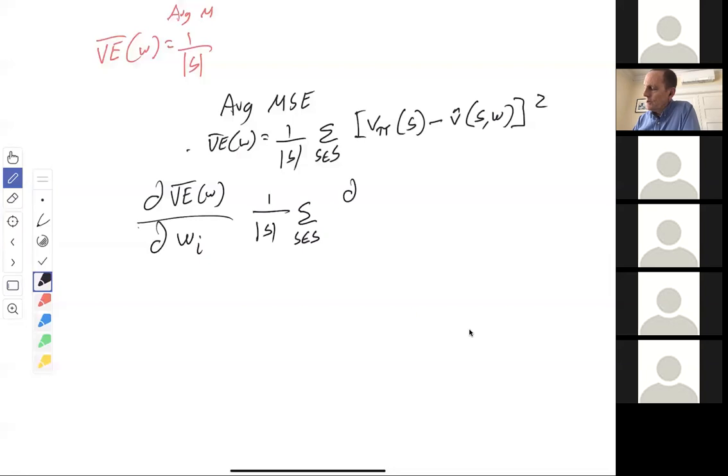So we can actually take the partial derivative of v pi of S minus v hat of S comma W, squared, over the ith weight.